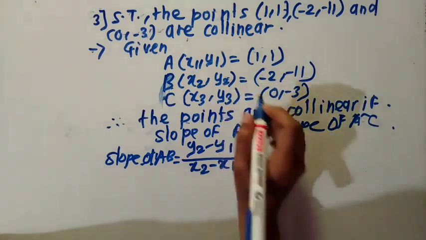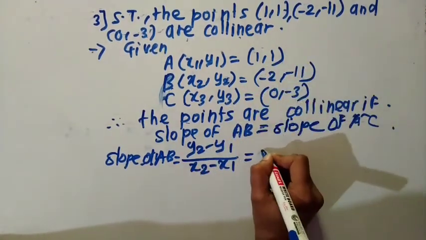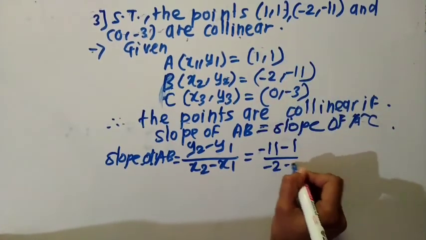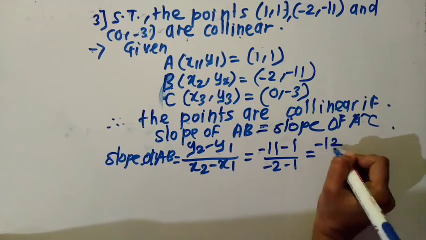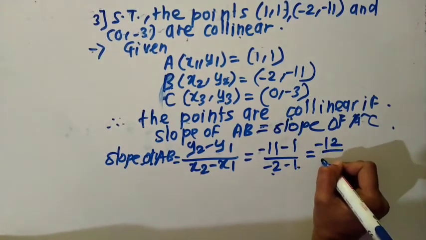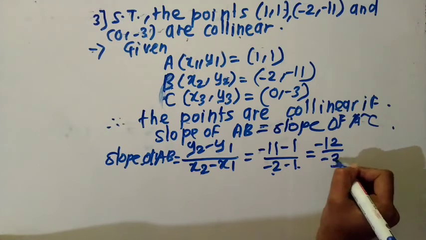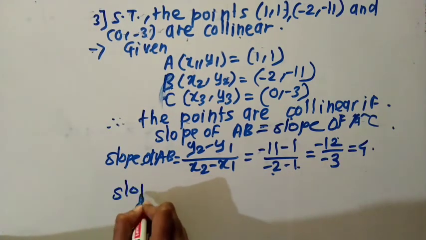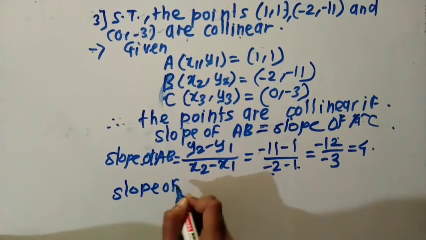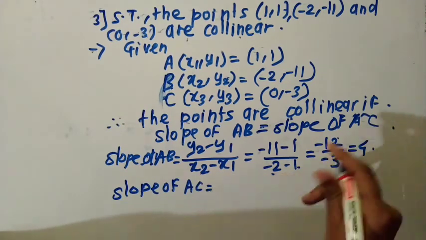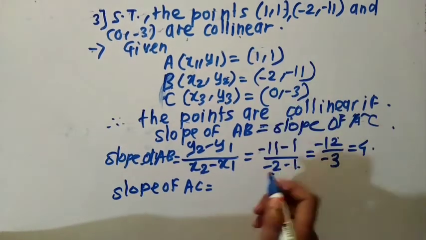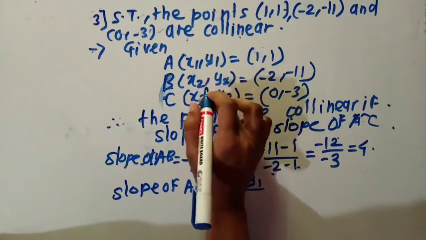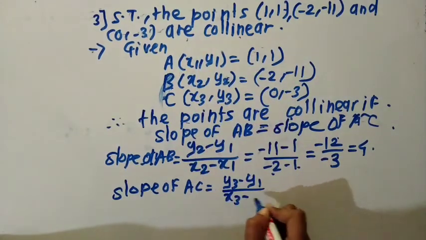So y2 minus y1 means -11 minus 1 is equal to -12 upon -2 minus 1 is -3, that is 4, and slope of AC is equal to y3 minus y1 upon x3 minus x1.